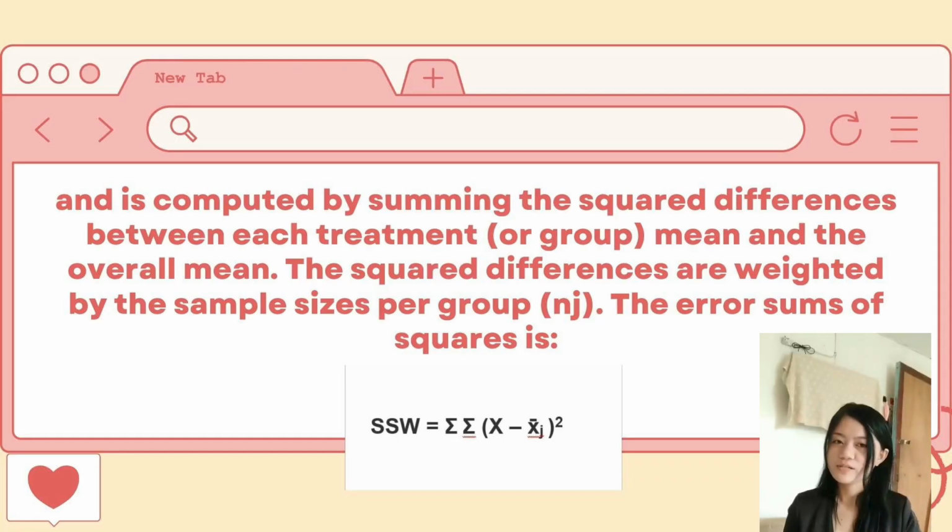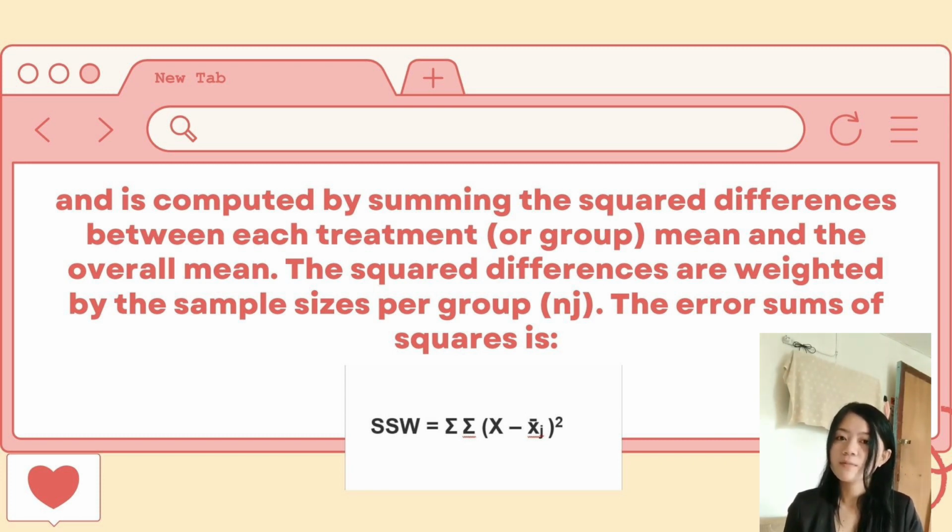SSW is computed by summing the squared differences between each observation and its group mean, or the squared differences between each observation in group 1 and the group 1 mean, the squared differences between each observation in group 2 and the group 2 mean, and so on.